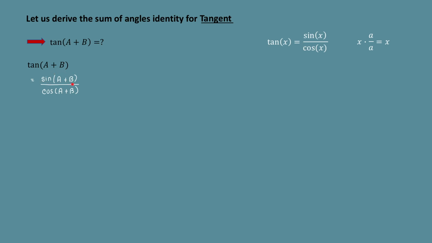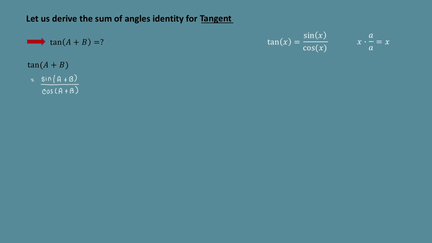Now I have sine of the sum of two angles over cosine of the sum of two angles. And if you remember, just a few minutes ago, I displayed the identities for the sine of A plus B and the cosine of A plus B. So we're going to go ahead now and expand the numerator and denominator by applying those identities.